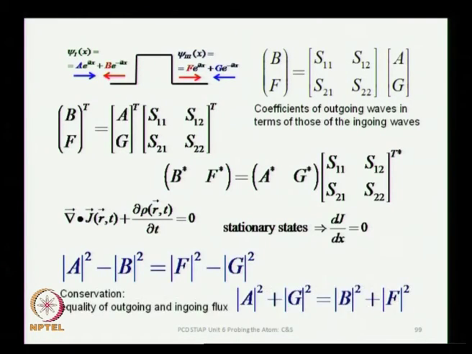If you set up these equations, you find that the conservation of flux is expressed by this relationship: A square plus G square, which is the flux of the ingoing waves, is equal to B square plus F square, which is the outgoing flux, okay.